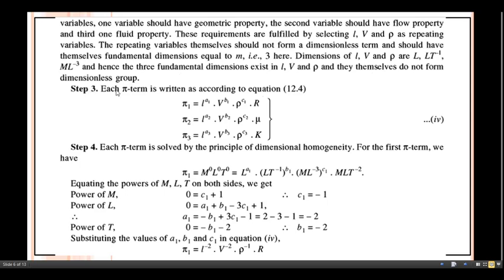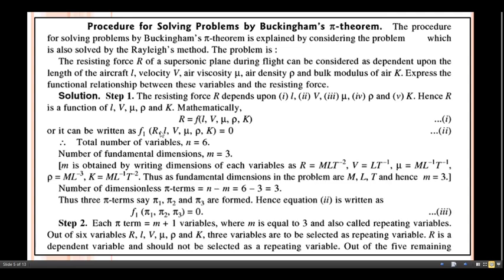Now just see here, each pi term is written according to this relation. So first, pi 1: as per our grouping, L, V, rho, we have considered these parameters, and here r, mu, k remain.